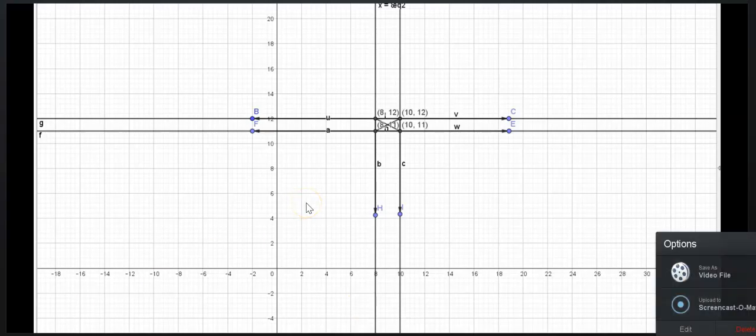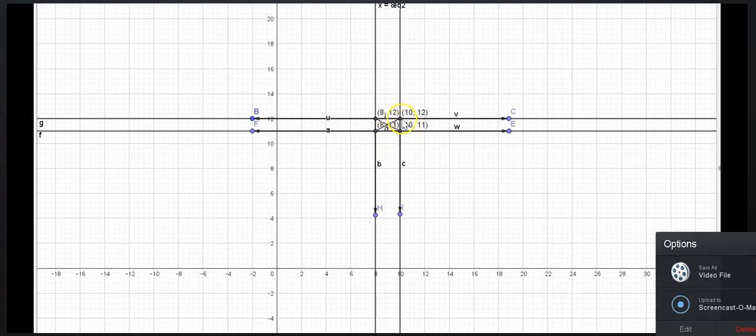The first is x is equal to 8, x is equal to 10, and next is y is equal to 11 and y is equal to 12. These are the points of intersection. Now we want to find out the equation of these diagonals. We know the points of intersection.